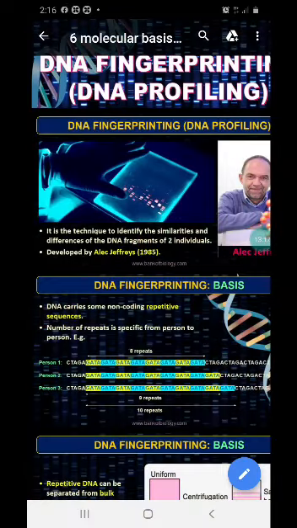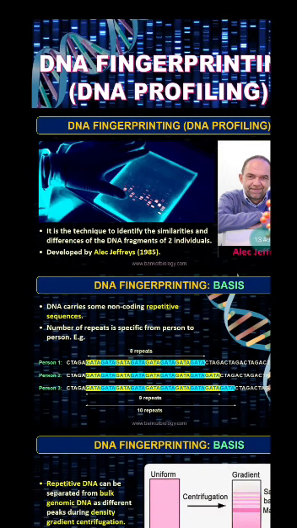Now we come to the last part of this chapter, which is DNA fingerprinting or DNA profiling. Okay, now what is this process? It is a technique to identify the similarities and the differences of the DNA fragments of two individuals. We know everyone's genome or genes are the same on our chromosome.